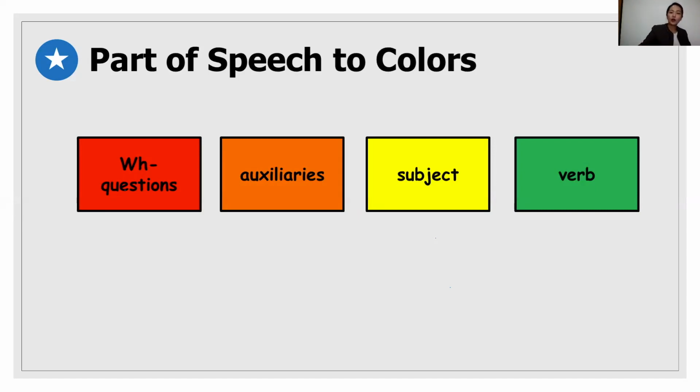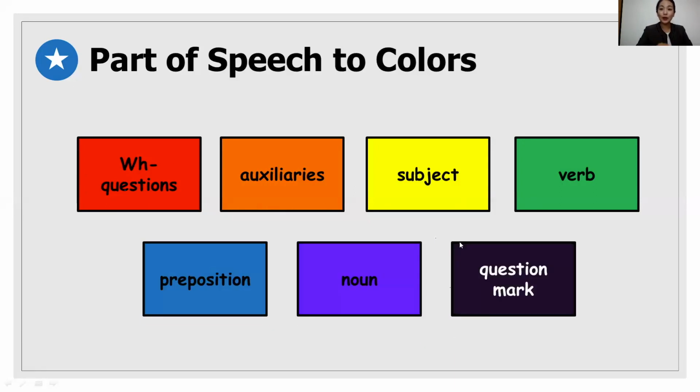All right. So WH question for red, and auxiliary for orange, and subject for yellow, and verb for green, like this. So this is the order of the color. It's the rainbow, very good, rainbow.